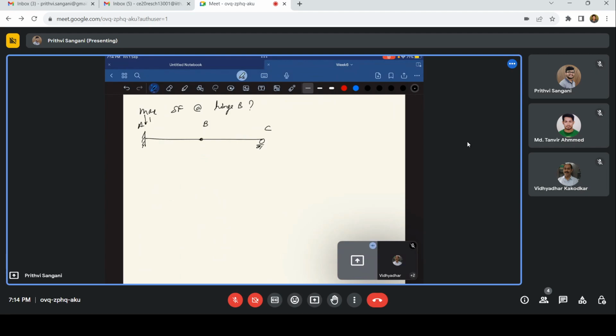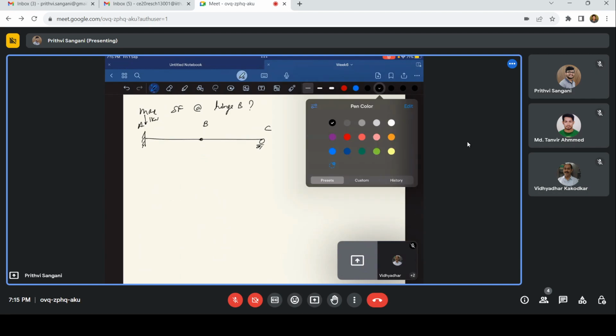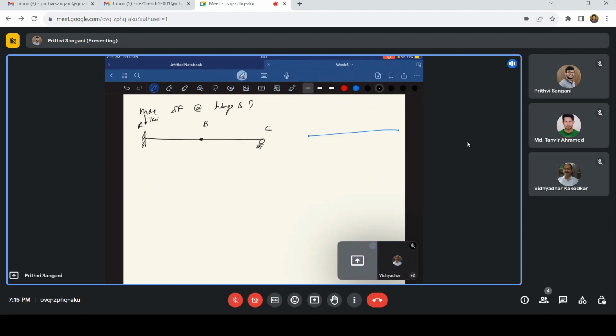First, simultaneously I'll keep drawing the shear force diagram also. Sorry, the ILD for the shear force. So in this, the first case is we have the unit load, which is 1 kilonewton, acting at the support A. So again, what is the shear force at B?